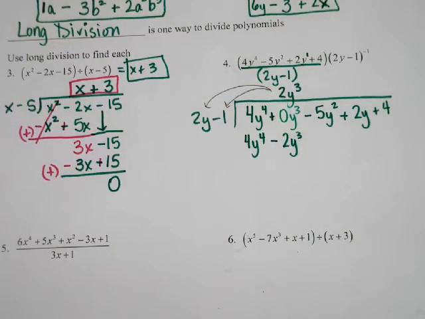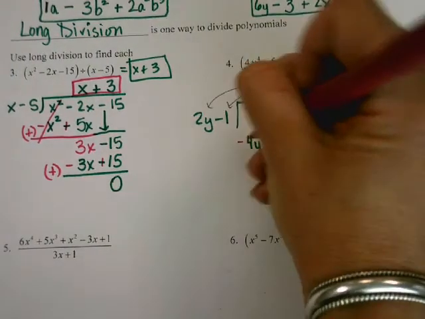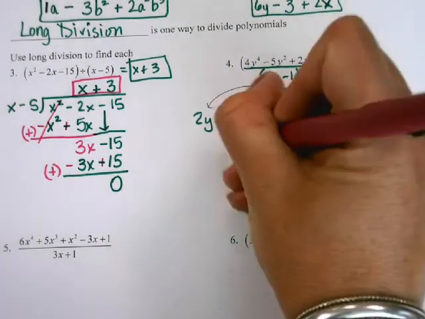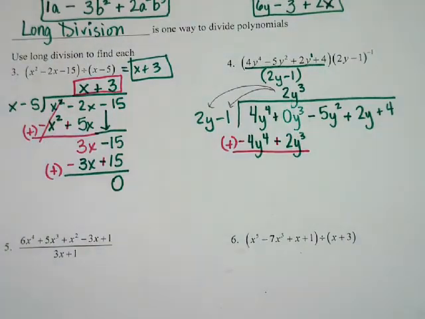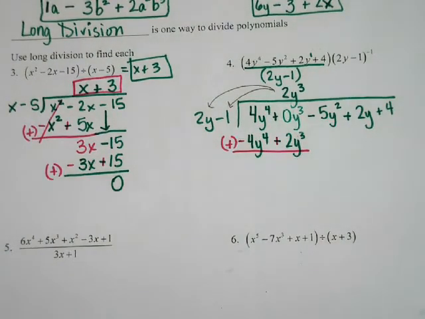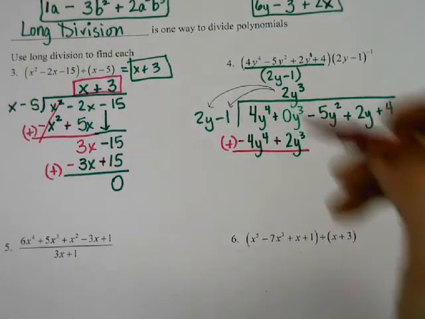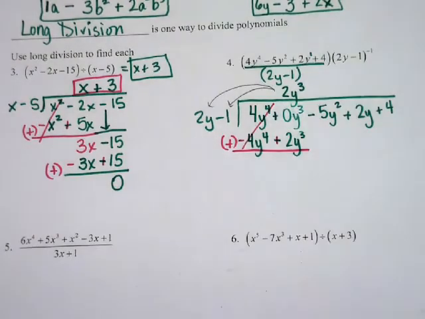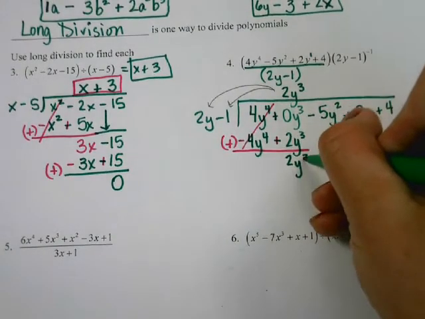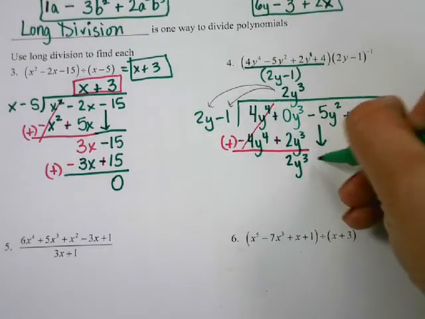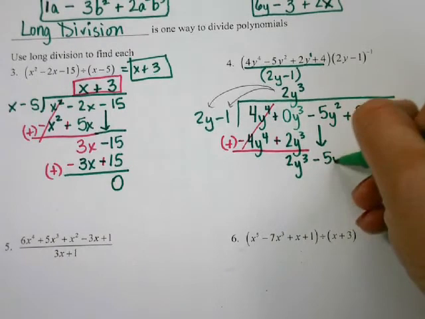And don't subtract. Flip, flip, add. So the 4y to the 4ths are going to cancel, and I'm left with 2y to the 3rd. Bring the next one down. Minus 5y squared.